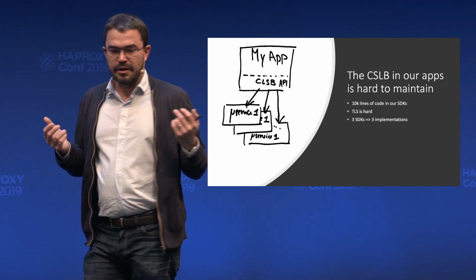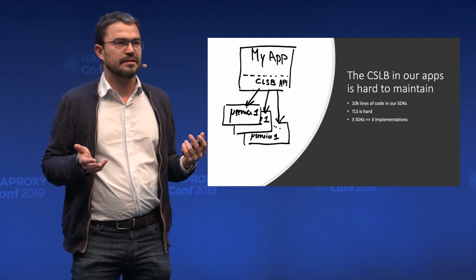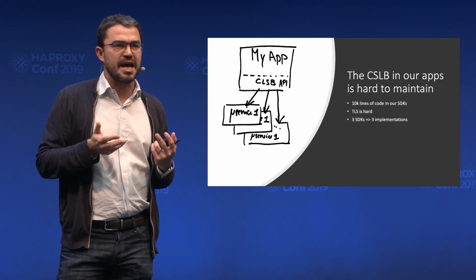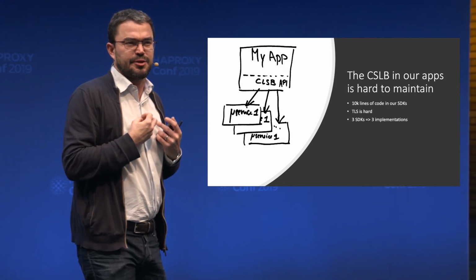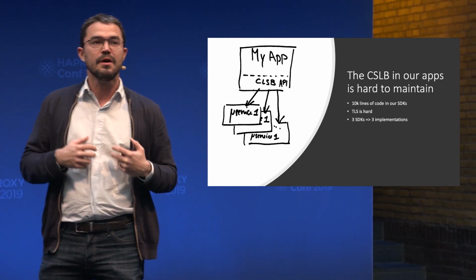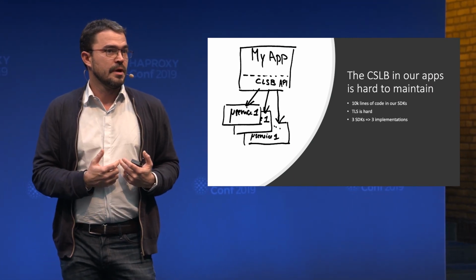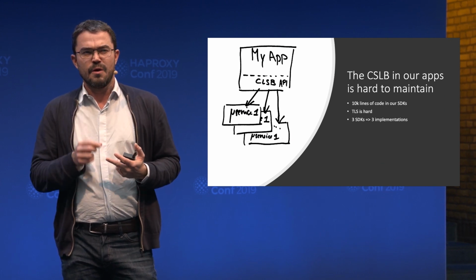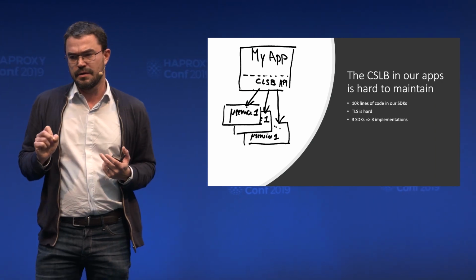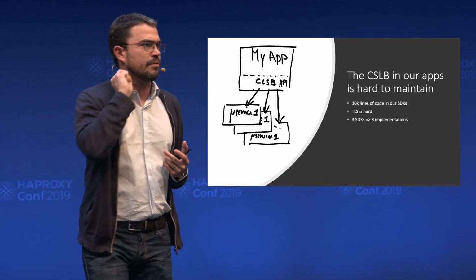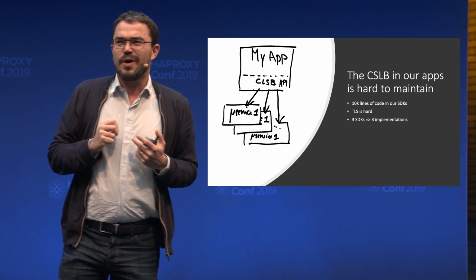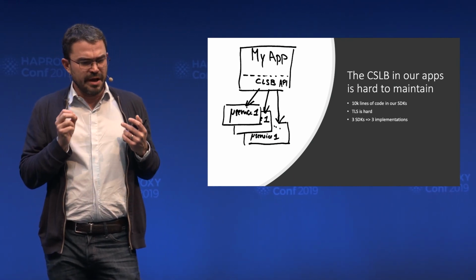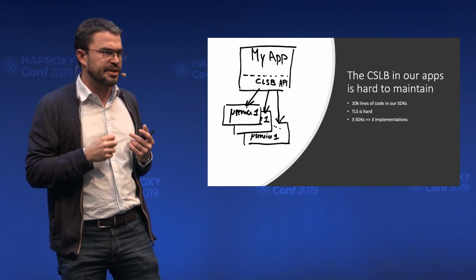If you heard about Keep Alive and stuff like that, you know that just load balancing HTTP data is not a trivial task, especially when you want to do it with millions of requests per second. It means that all the code we have written for C# or JVM was very sensitive to changes. Whenever you were changing a single comma in your whole code base, it was very risky. So we have to be very, very careful about the changes we are applying.